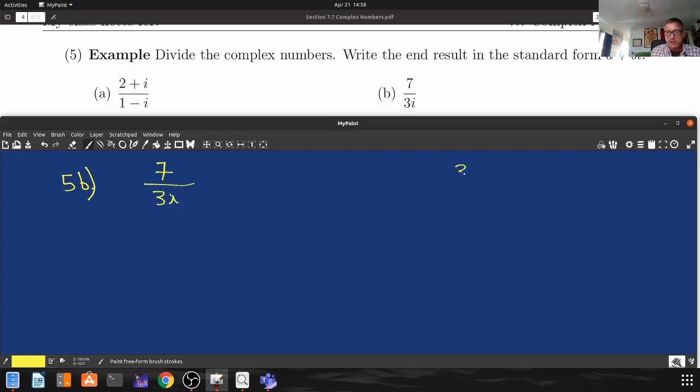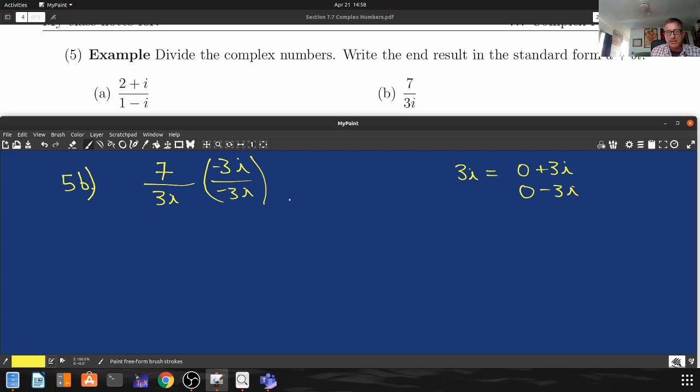Well, notice that 3i is equal to 0 plus 3i. So the conjugate of 3i is 0 minus 3i.